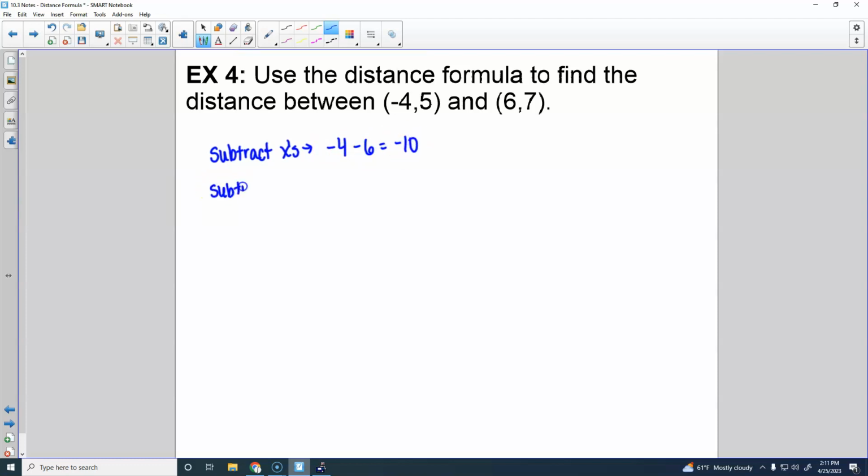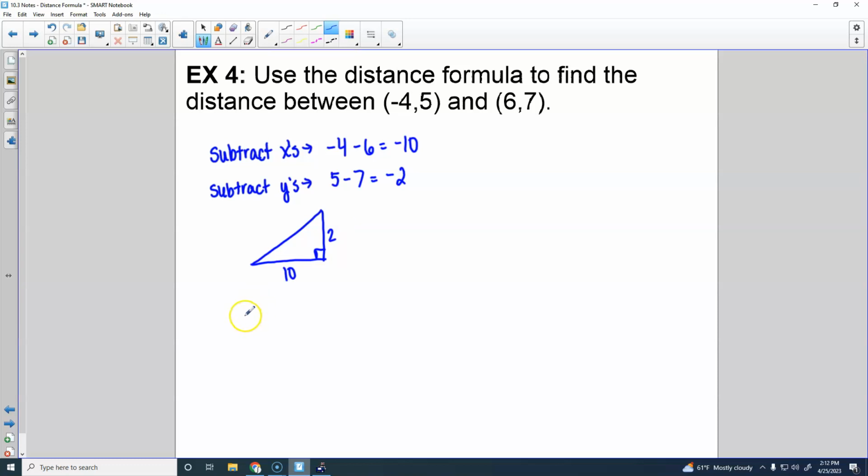Subtract your y's, which would be 5 minus 7, which will give me -2. I'm going to draw the triangle just so you guys see what this is. Your x's would be here, you'd have 10. Your y's would be here, you would have 2. I'm going to ignore the negatives. It's just easier to do it that way.